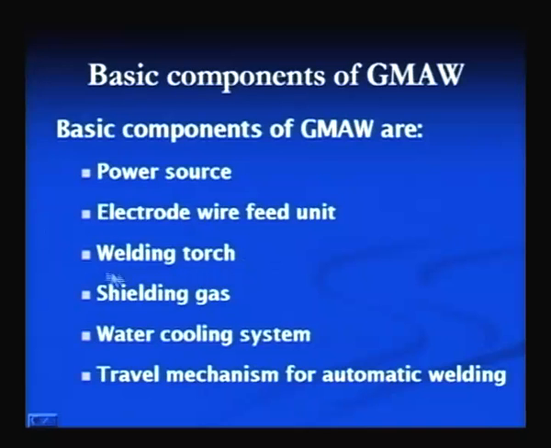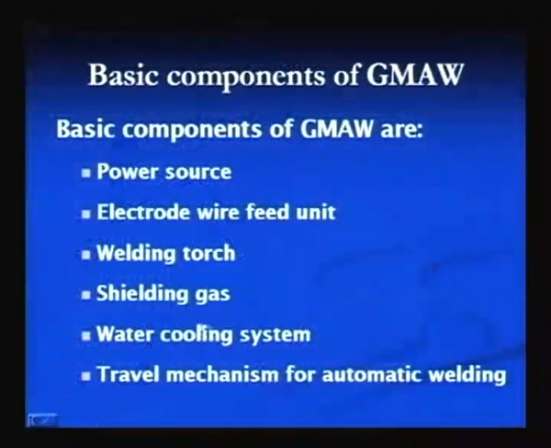The welding torch is another component which includes the nozzle, the contact tubes, etc., through which electrode wire is passed during the welding to develop the arc, and it also supplies the desired current to the electrode, because the power source is connected to the contact tube, which is further in electrical contact with the electrode wire.